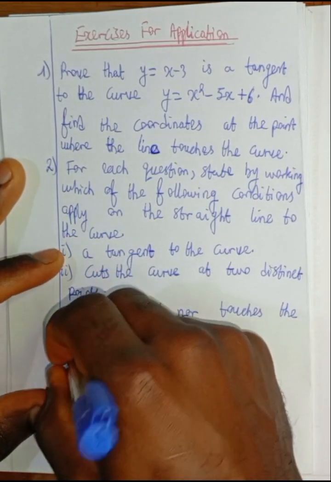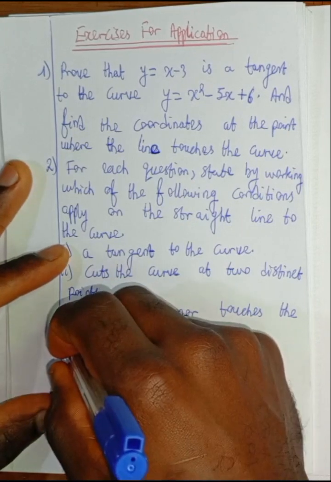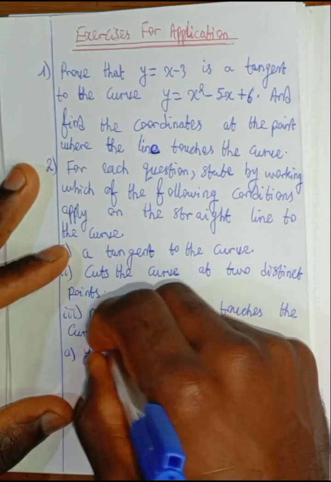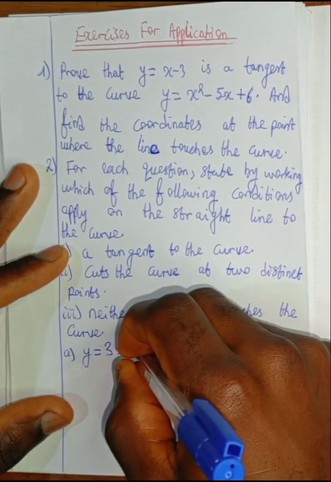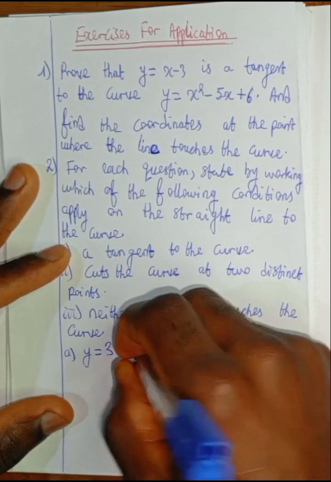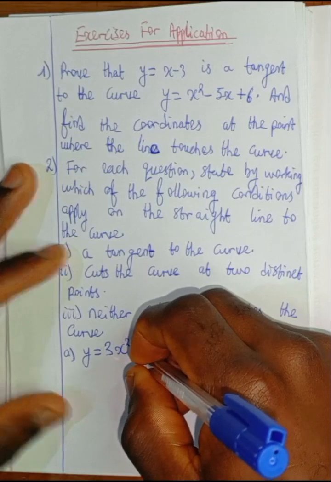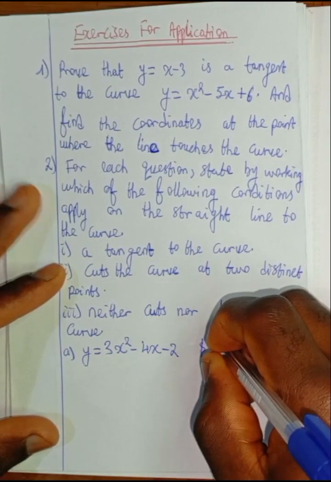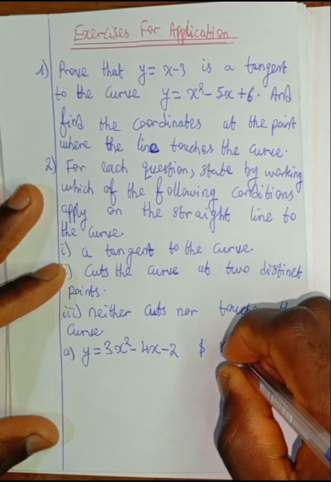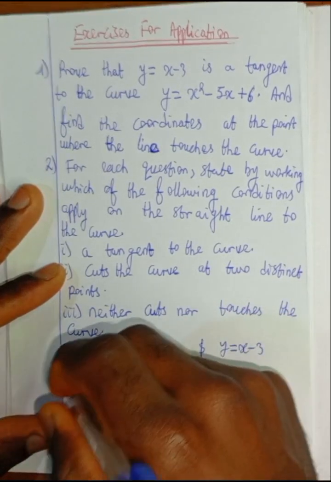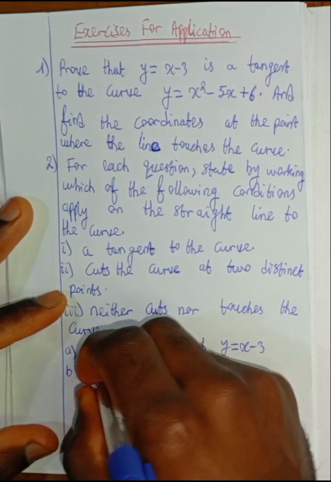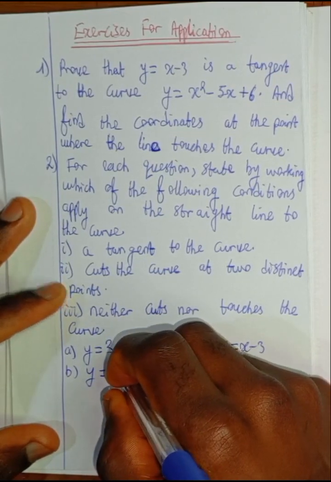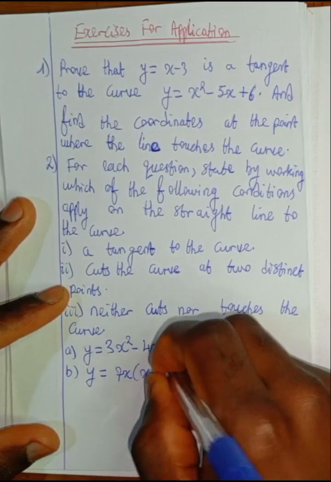The question A, we have the curve. The curve is y equal to 3x squared minus 4x minus 2, and the line is y equal to x minus 3. Question B, we have y equal to 7x times x minus 1.